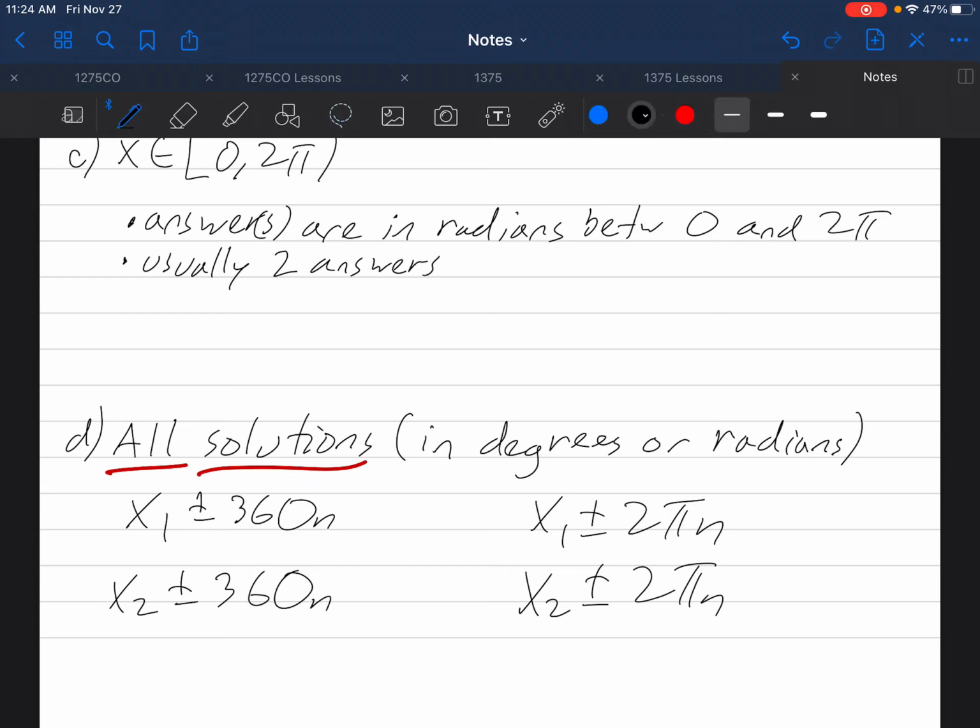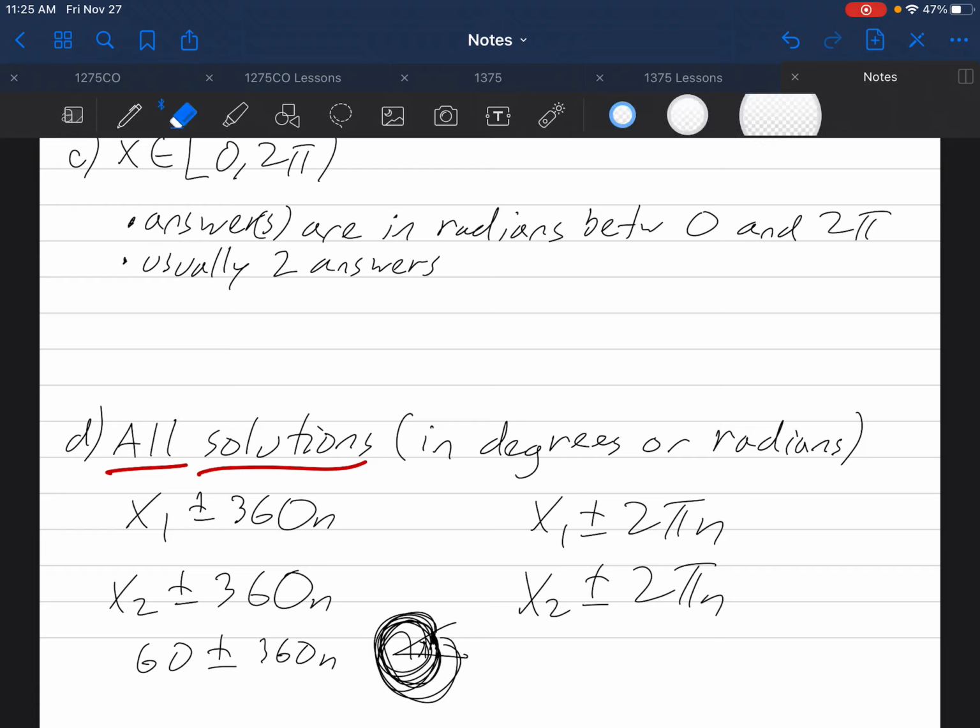So that would be, for instance, 60 degrees plus or minus 360n. That means 60 degrees, 420, and so on, and also negative 300, negative 660, and so on. Again, there's an infinite number of angles there.